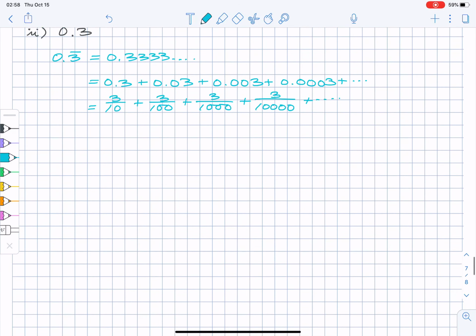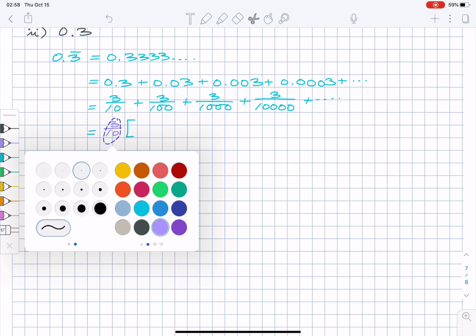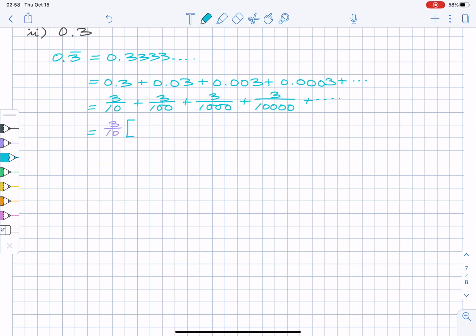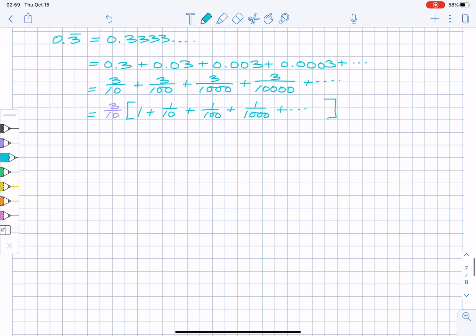Okay, so what I'm going to do is factor out the first term, 3/10, in purple for a very specific reason. So when I factor out 3/10, I get 1 plus 1/10 plus 1/100th plus 1/1,000th plus, forever and ever. So this gives me 3/10 times the quantity.